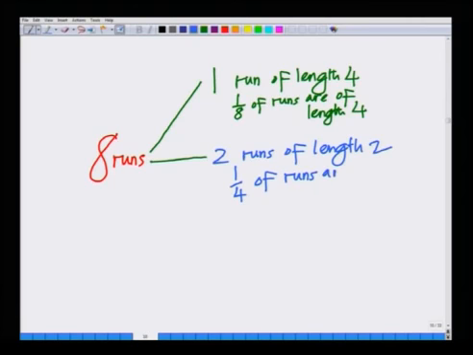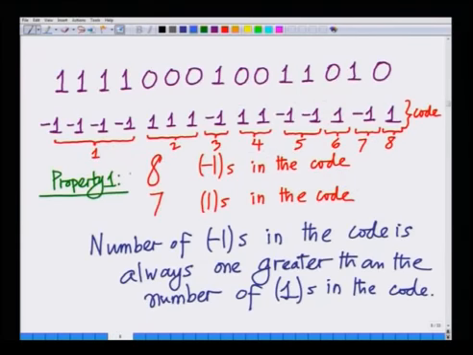And also now, you can count here, I have 4 runs, 1 2 3 4 runs of length 1.